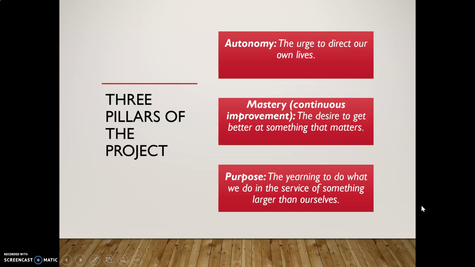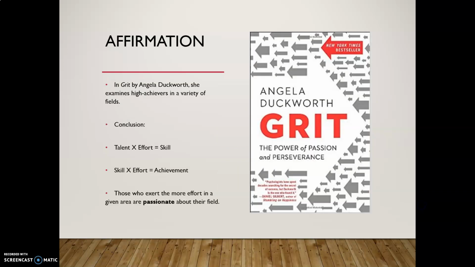When you take away these things, autonomy, mastery, and purpose, then you have external motivation, you have unhappiness, you have sort of meaninglessness. So I hope that you can cultivate these things as you choose your topics.